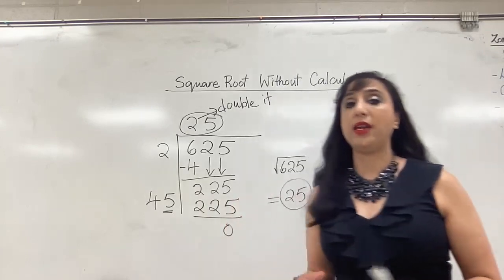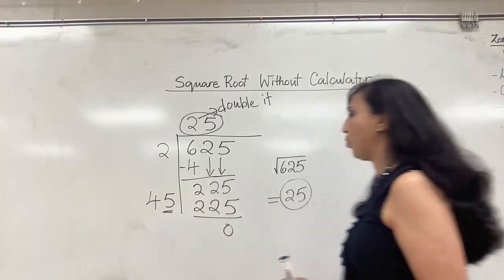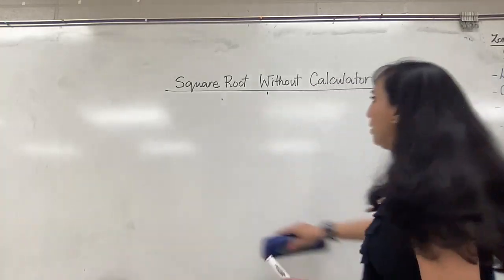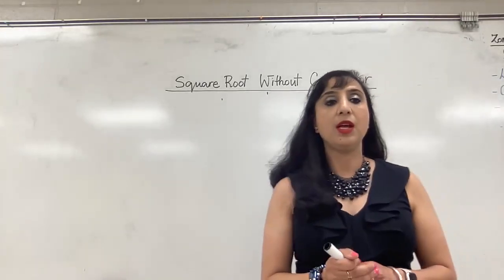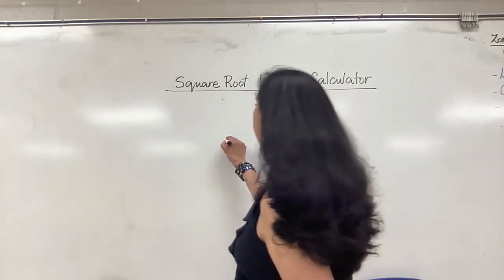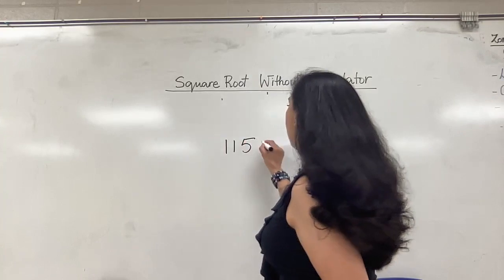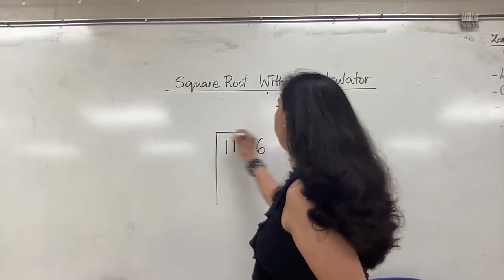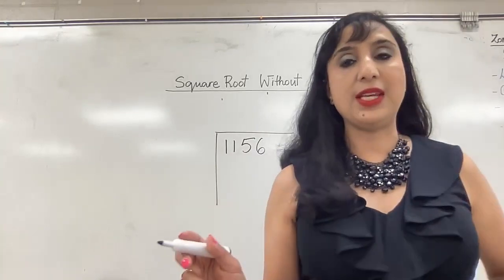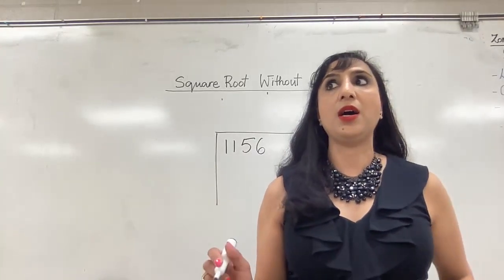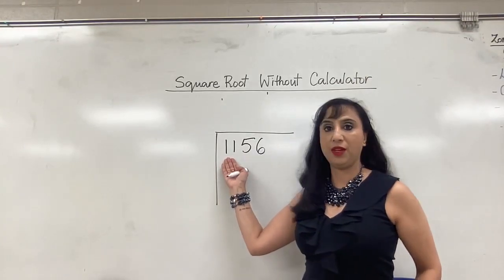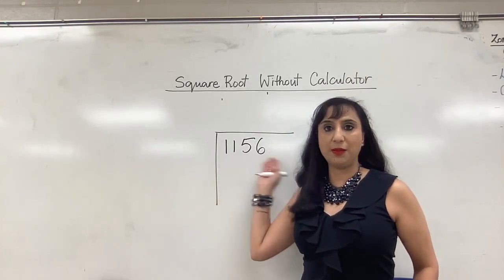Now let me do one with 4 digits. One more example: what is the square root of 1156? In this case, I again start looking over here, at the first two digits, since it's a bigger number.